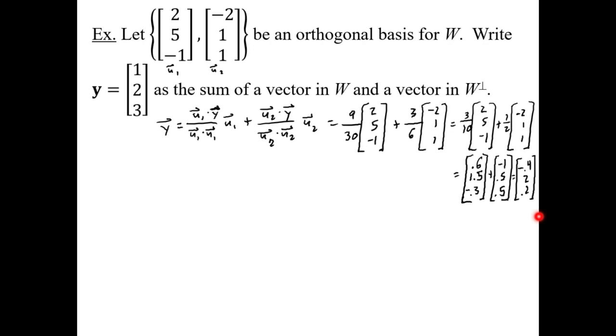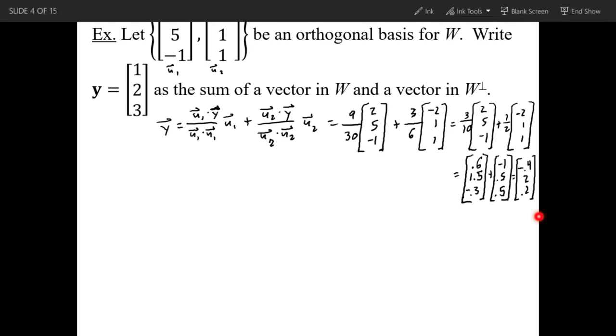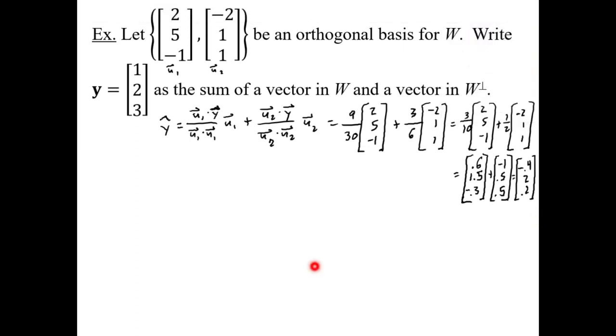I'm sorry, I wrote it wrong at the beginning. I apologize. Okay, that should have been y hat. Sorry about that. And so then z is y minus y hat. So y is 1, 2, 3. Y hat was negative 0.4, 2, 0.2.